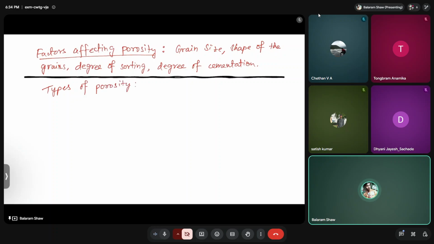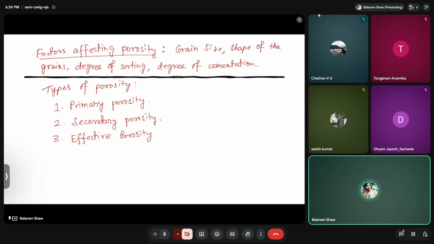Generally, there are three types of porosity. First one is the primary porosity. Second is the secondary porosity. And third one is the effective porosity. So what is primary porosity?